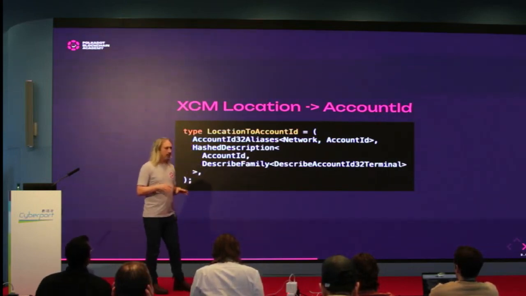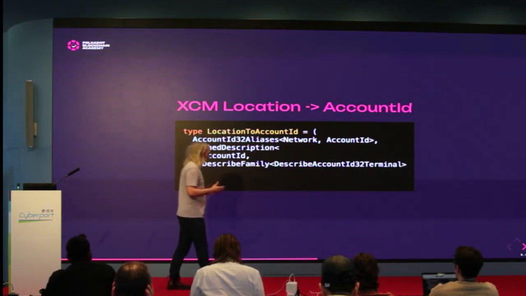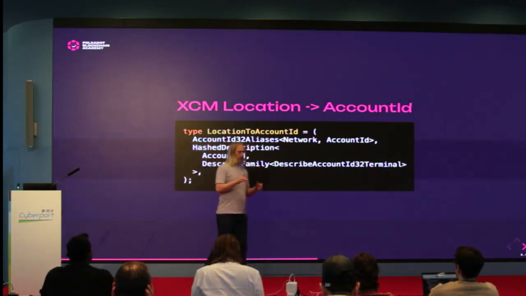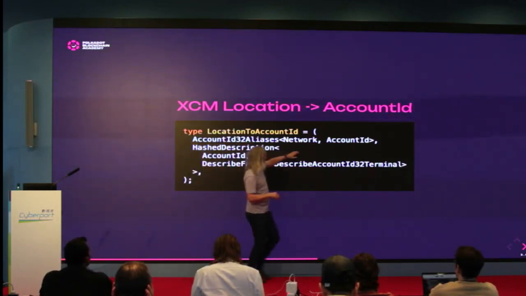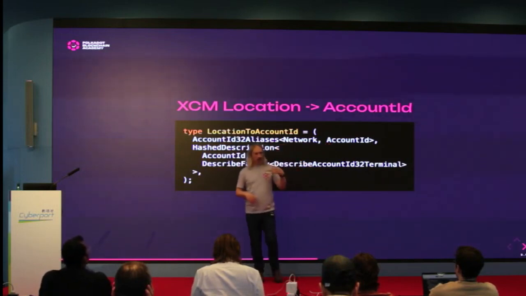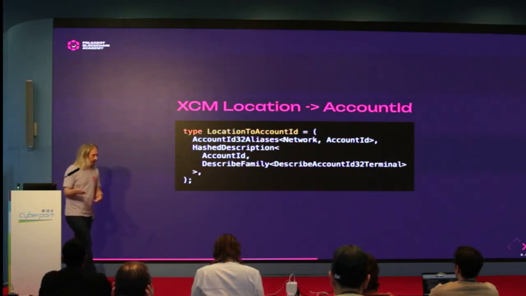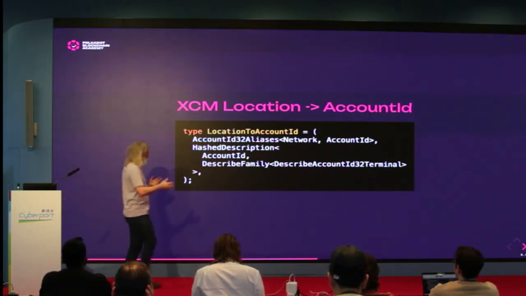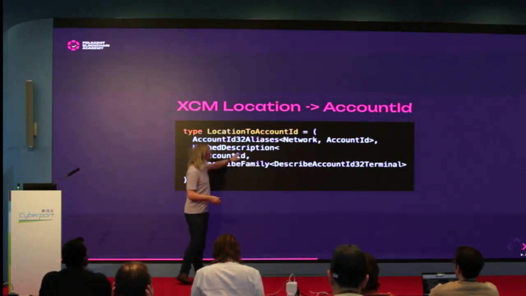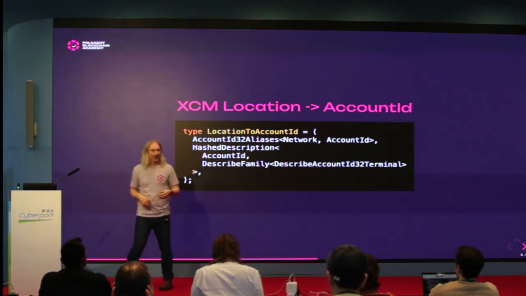Now, for all of the other locations, we have to be a bit careful, because we've said those account IDs that are on our chain map to the account ID on our chain. So for all of the other locations, we kind of want them to map onto another account ID.